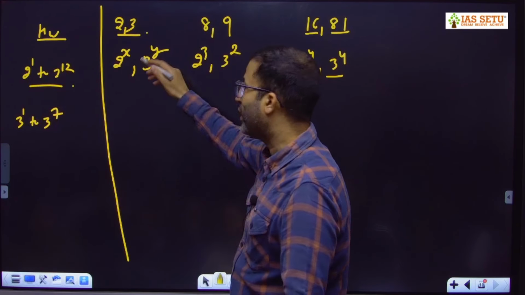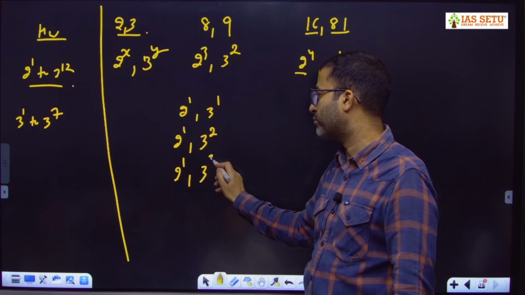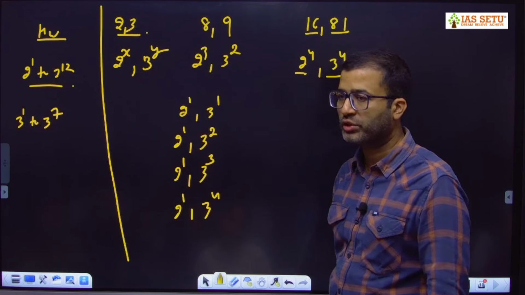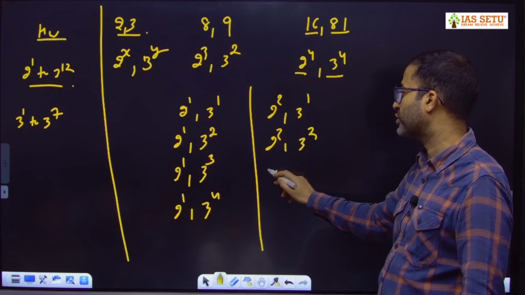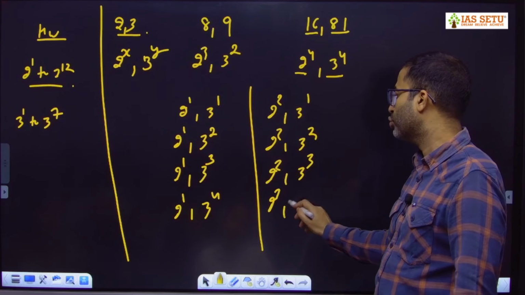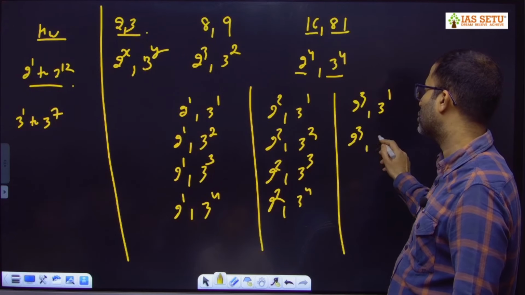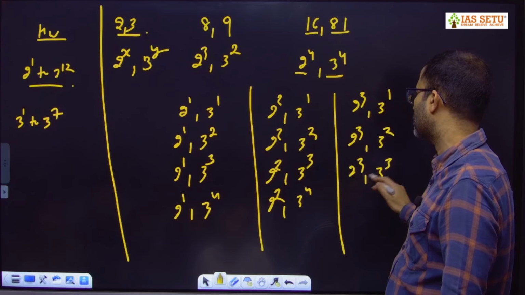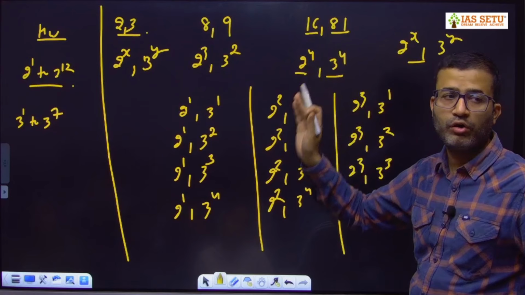If the bases are co-prime, the powers need not be the same. 2 to the power 1 is co-prime to 3 square, 3 cube, 3 to the power 4; 2 square is co-prime to 3, 3 square, 3 cube, 3 to the power 4; 2 cube with 3, 3 square, 3 cube, and so on. Any power of 2, 2 to the power x and 3 to the power y, are always co-prime.